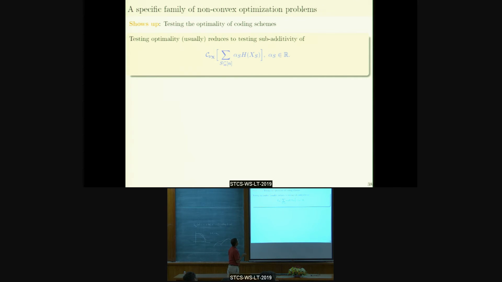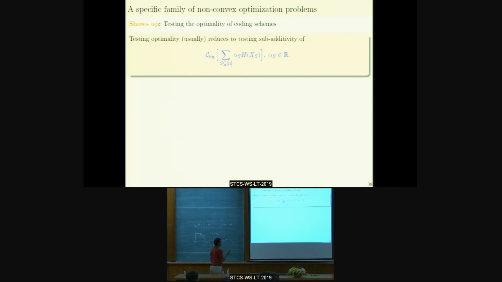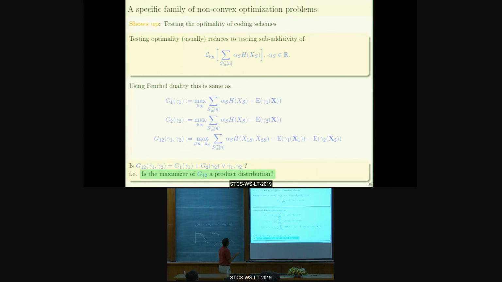We want to test subadditivity of this, and so now I'm going to say how we can test it. You look at the Fenchel dual. So you take a hyperplane gamma 1, and you define the function g1 of gamma 1 as the maximum over all mu of x of this form. You define g2 of gamma 2.